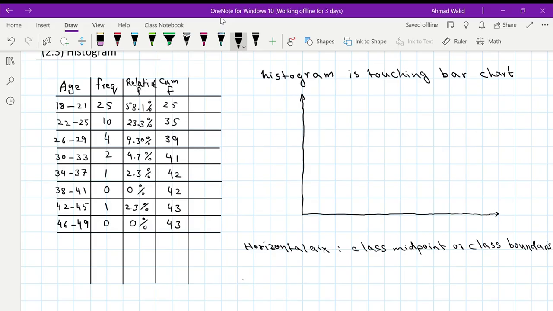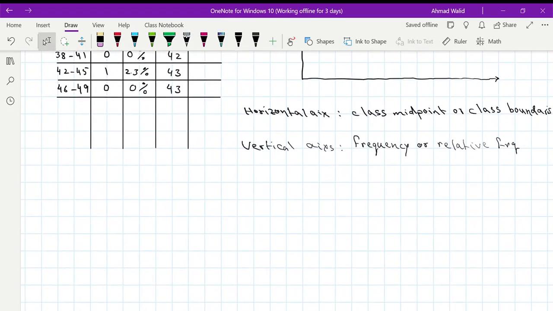And vertical axis, mark frequency. Mark your frequency, or you can mark relative frequency, or even cumulative.